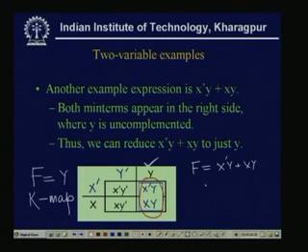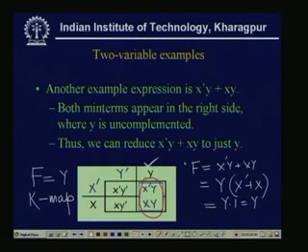Now, see, if I apply my postulates and theorems, as y is common here, if I take it common, this will be x dash plus x, and we know x dash plus x is nothing but 1. So, this will be y dot 1 equal to y.